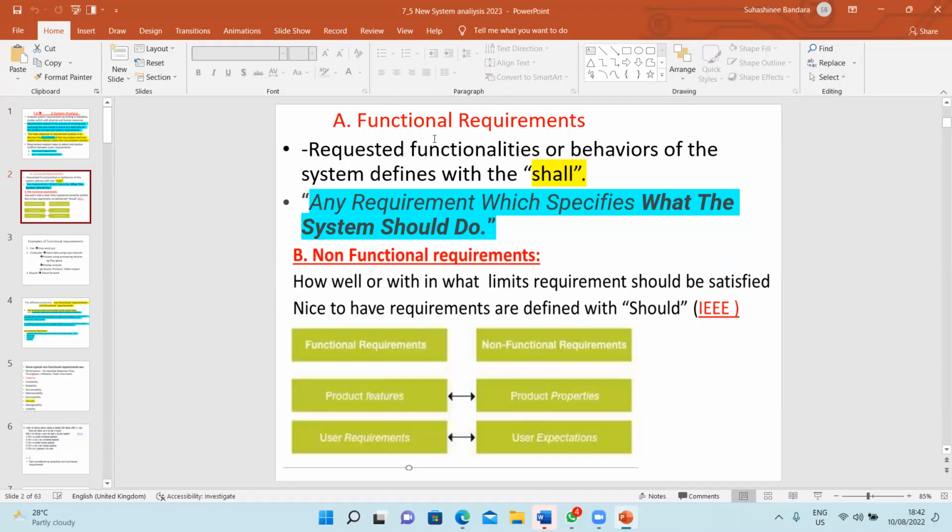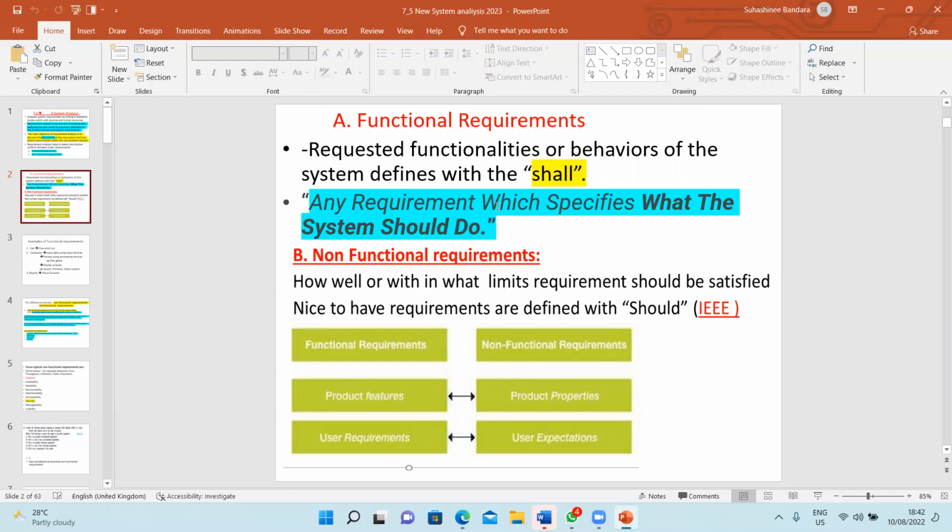A functional requirement means the requested functionalities or behavior of the system, defined with the word shall. What the user requested from the system, we can call a functional requirement. That means what the system should do. Any requirement which specifies what the system should do, what it gives us, we call a functional requirement.